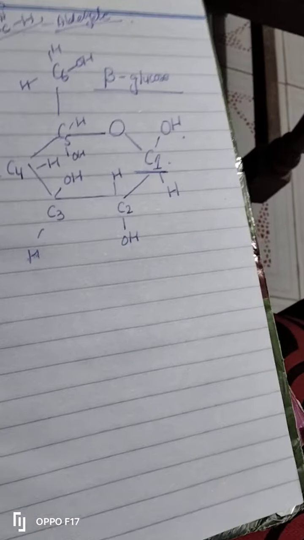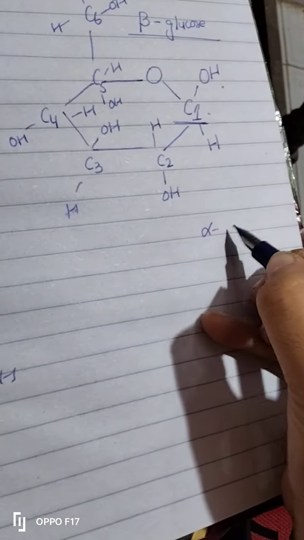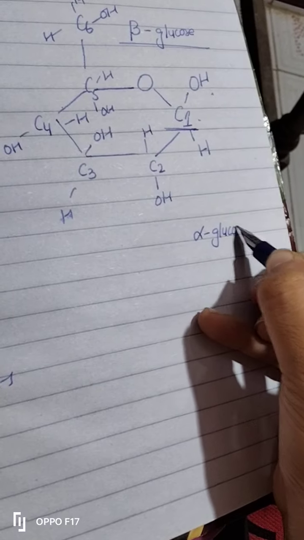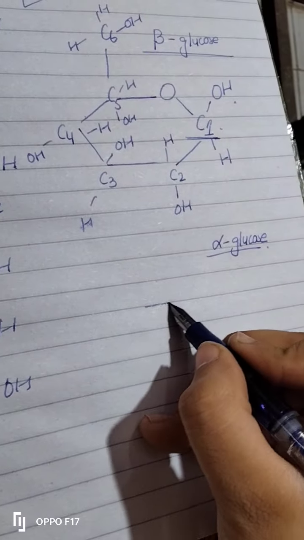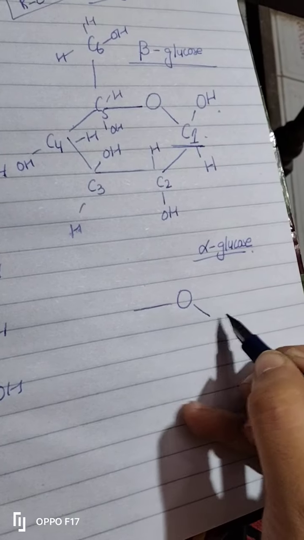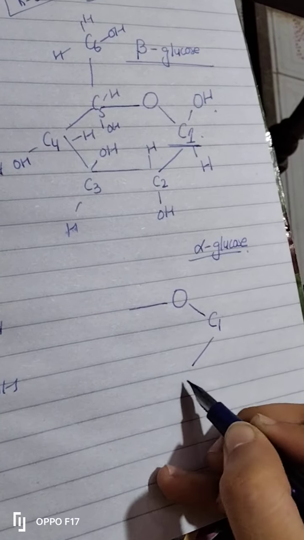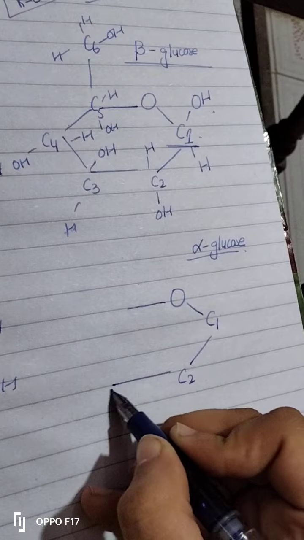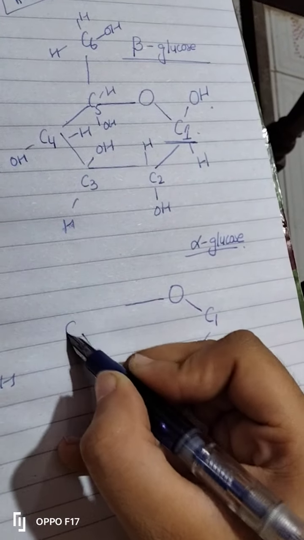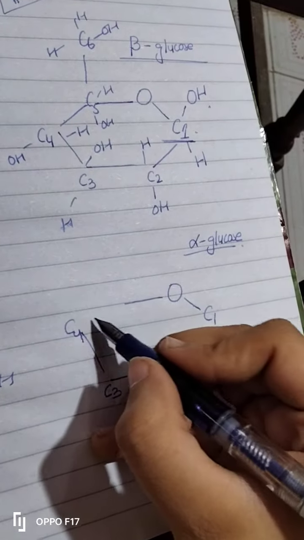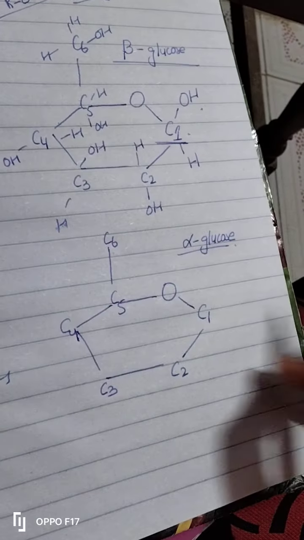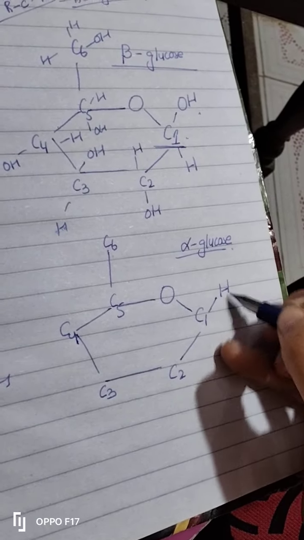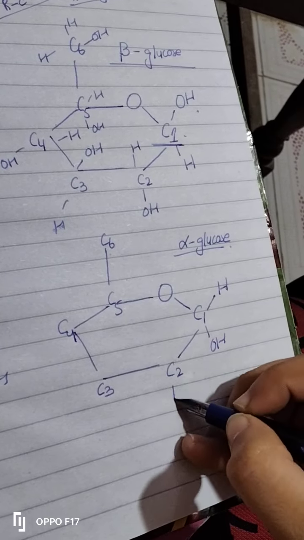Now if you want to talk about alpha glucose, what will be the structure? O, carbon number 1, carbon number 2, carbon number 3, carbon number 4, carbon number 5, carbon number 6, and here H will come, OH is here.